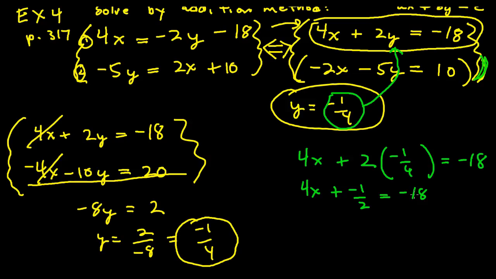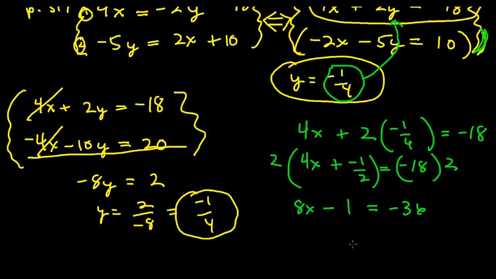All right, I'm going to multiply both sides by 2 to get rid of the fraction here. 2 times 4x is 8x, plus 2 times minus 1/2 is negative 1, equals minus 18 times 2 is minus 36.